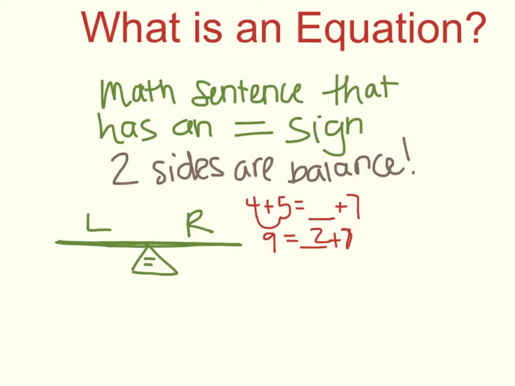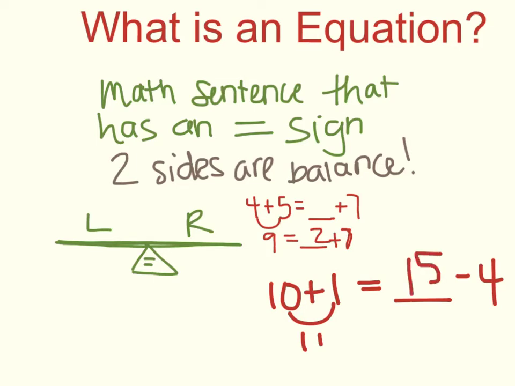Another example for you, 10 plus 1 equals what minus 4? Well, 10 plus 1 is 11. So what minus 4 is 11? 15. So whatever's going to keep it balanced, that is an equation. It doesn't mean the answer is, it means they're equal to. Both sides are balanced. Both are equal, have equal value.